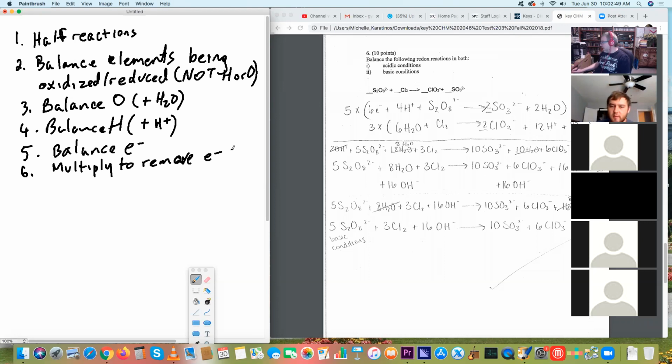If something's gaining electrons, it means the electrons are reactants. So we'll see that when we go ahead and do this. And then we can balance for base at the end of that.